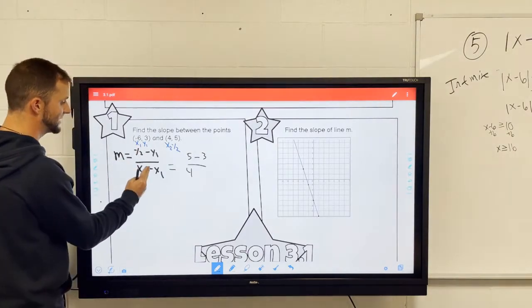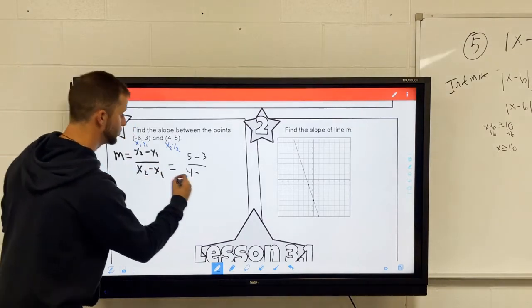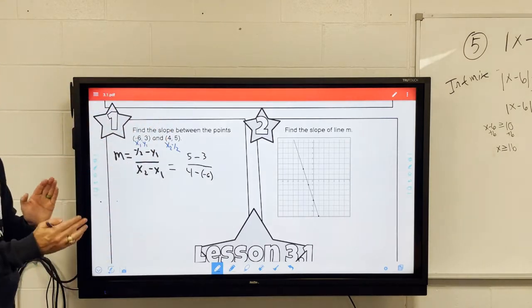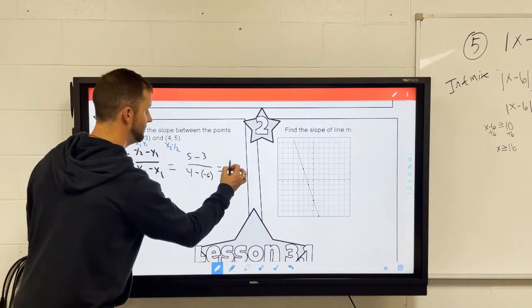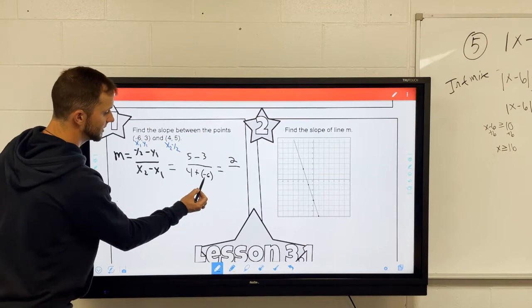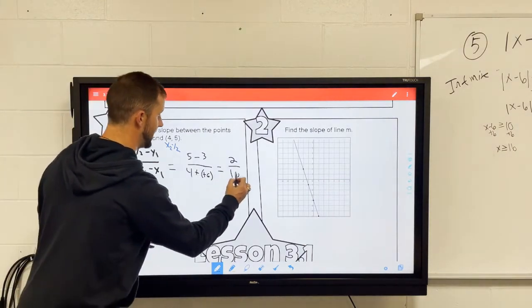We're subtracting x1, so I am subtracting what x1 is, which is -6, and I'm putting it in parentheses so we can see the separation. Right now, 5 minus 3 is going to give me 2. Subtracting a negative is going to turn to plus, so 4 plus 6 is going to give you 10.